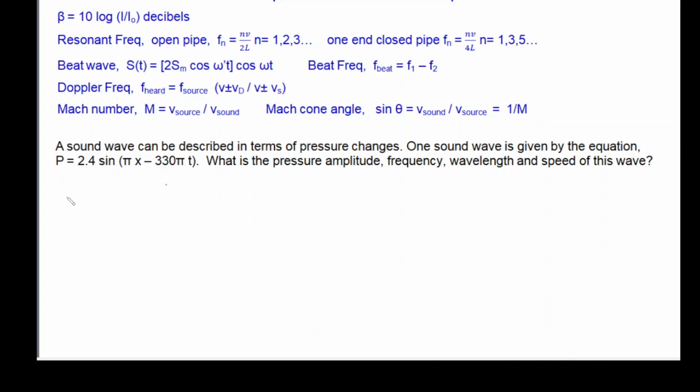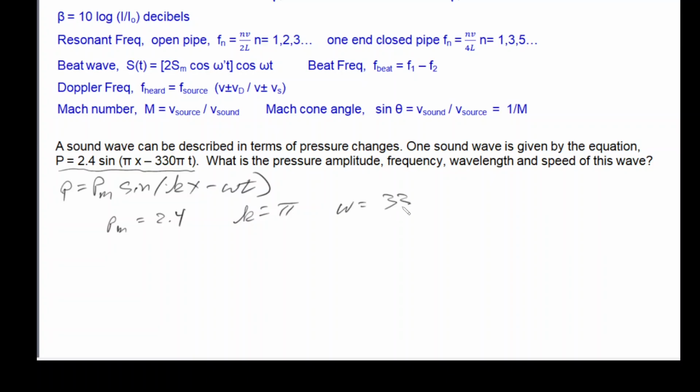So our pressure wave equation is given as Pm times the sine of (kx minus omega t). So if we compare these two equations, we see Pm is equal to 2.4, k is equal to pi, and omega is equal to 330 times pi. So to answer this problem, our pressure amplitude is equal to 2.4 newtons per meter squared.